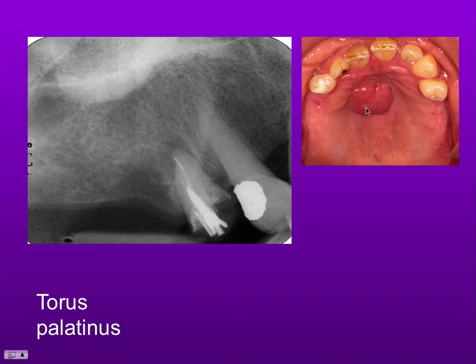This is bony, hard in the midline and is not a significant finding apart from the context of denture construction where it can present significant problems. Radiologically, you would see a radiopacity in the midline on the assumption that the imaging plate is positioned on this side of the torus if you're radiographing these teeth here. Sometimes it can simply be an obstruction to taking periapical radiographs.